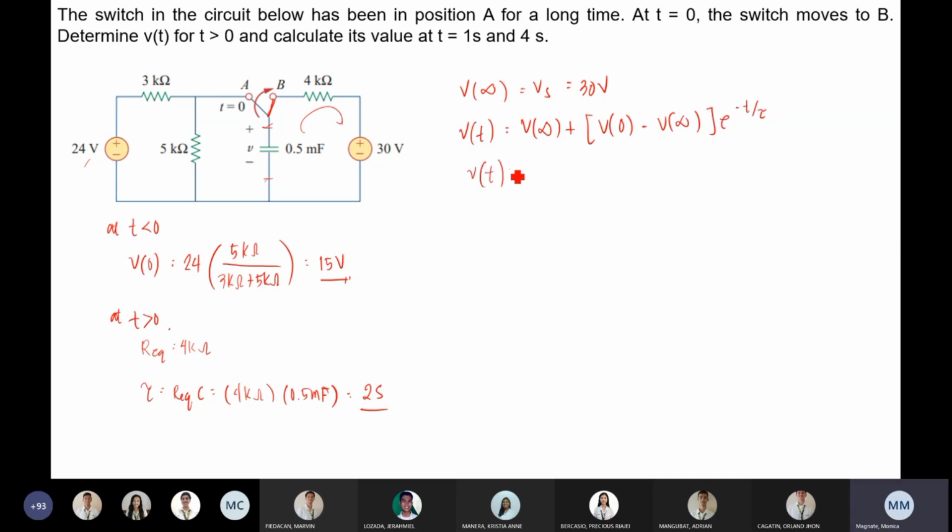So v of t natin equals 30 plus 15 minus 30 times e raised to negative t over 2. So, yung v of t natin ngayon equals 30 minus 15 e raised to negative 0.5t volts.